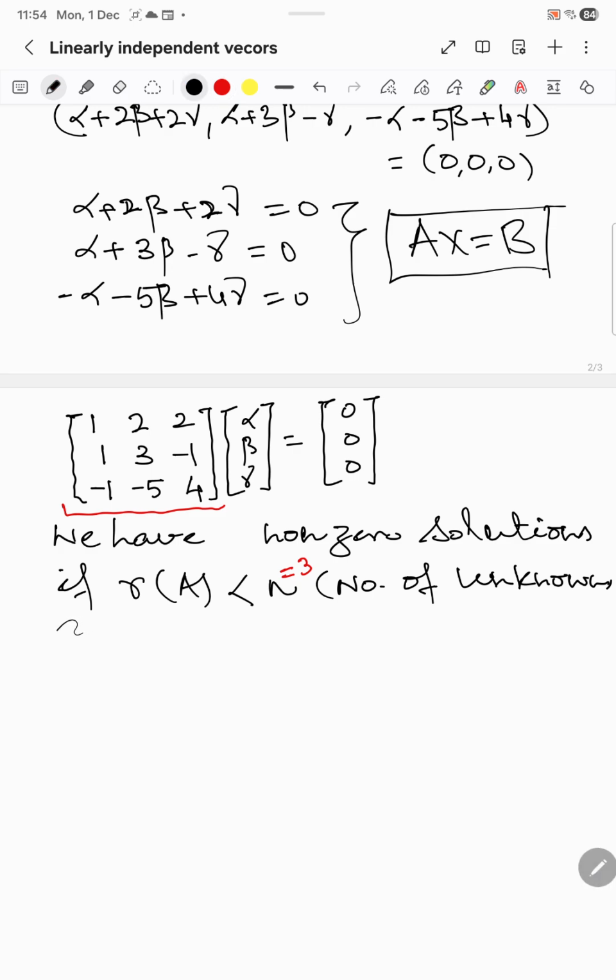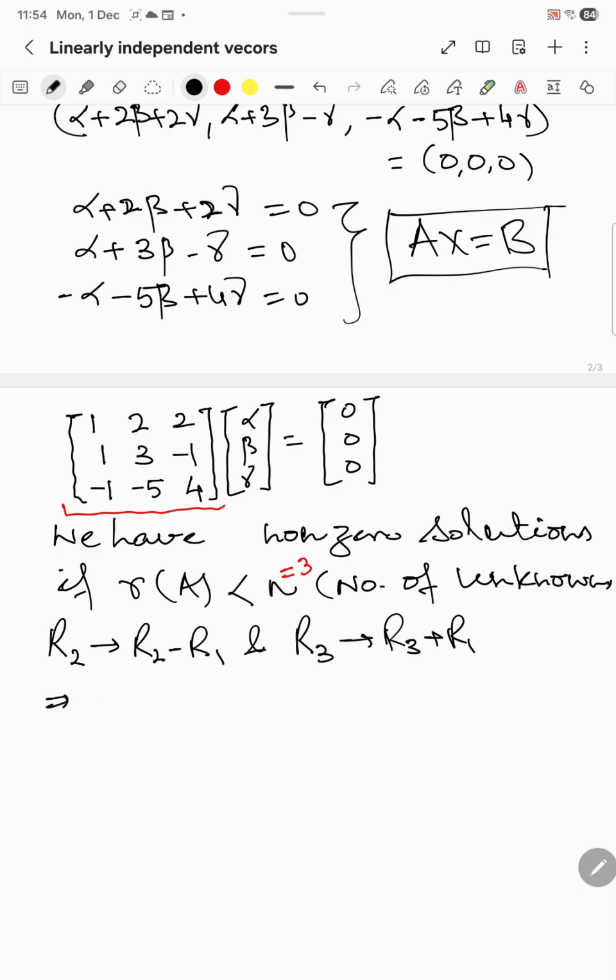So here we are applying R2 to R2 minus R1, and R3 to R3 plus R1.